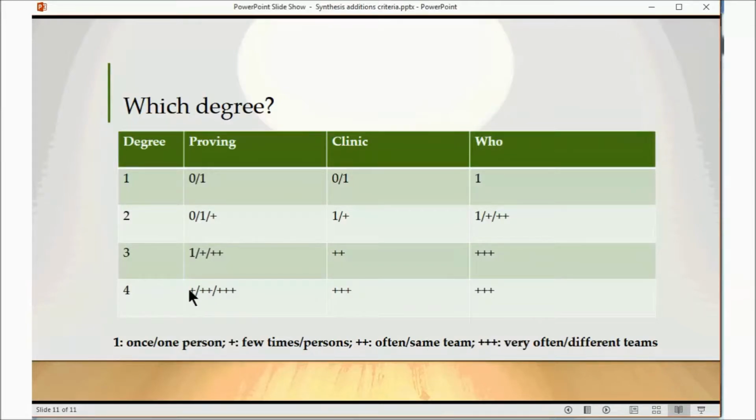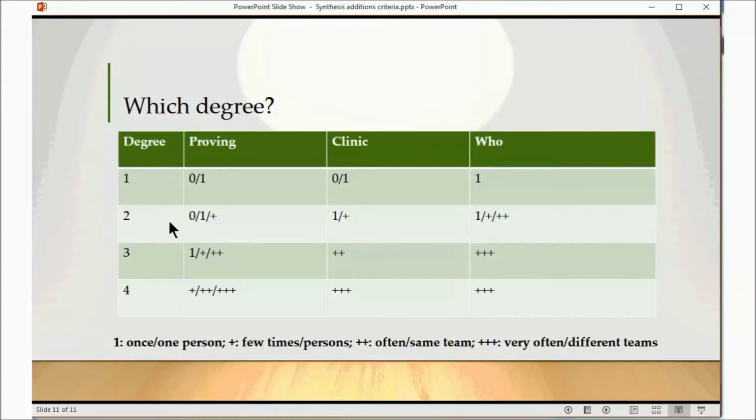3 stars all over. Now, in between, we have to reflect a little bit what to put. And the suggestion is this, that the symptom can be in the 2nd degree when there is one time or a few times confirmation in the clinic, and when it is one time or a few times present in the proving.